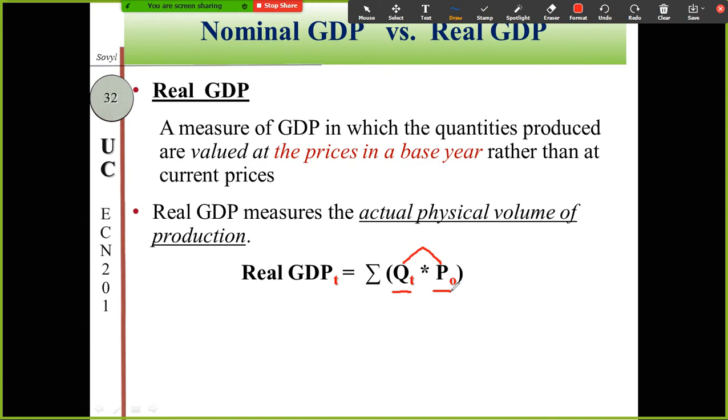But in order to identify whether this GDP is real GDP or nominal GDP, we need to look again at how we compute total market value, by what price we take to compute. If we take the price from the base year, this total market value is real GDP. But if we take the price from the current year, this total market value is nominal GDP.